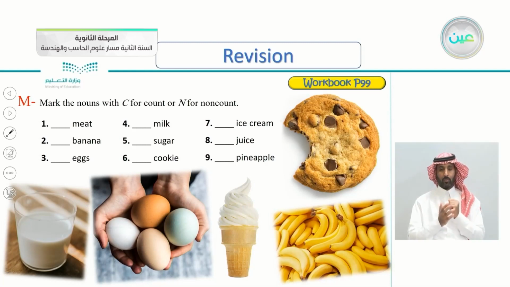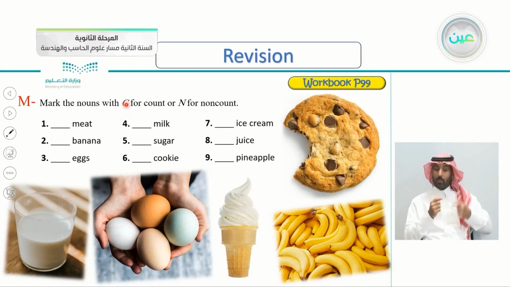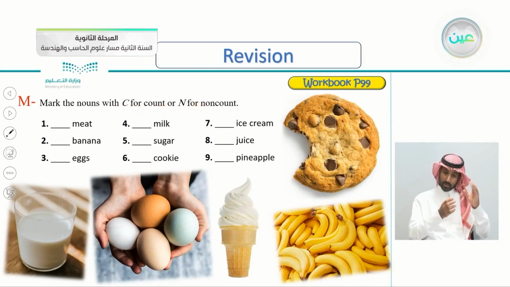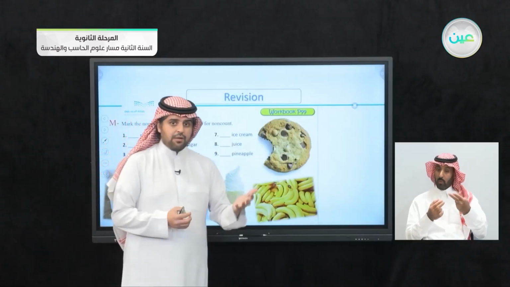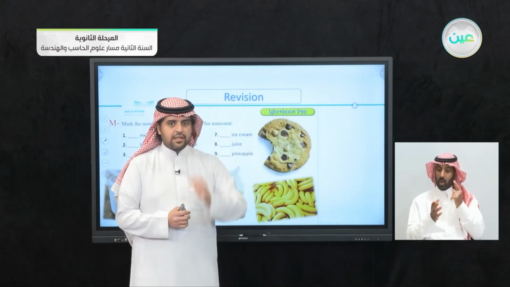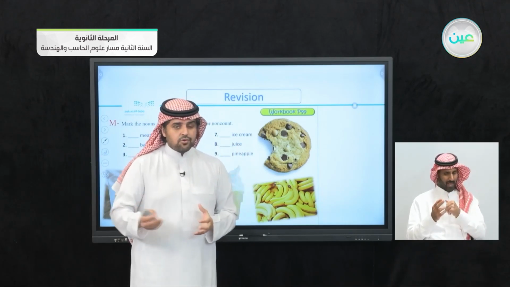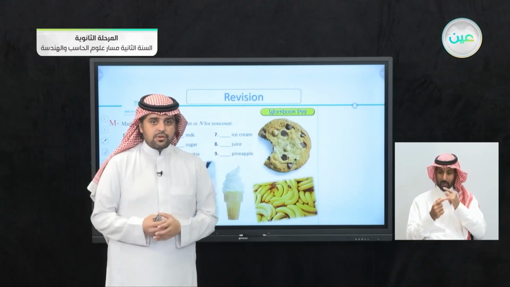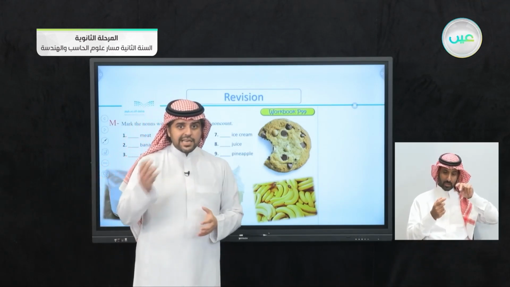So, exercise M here. Mark the nouns with C for count, N for non-count. If it is a countable or count noun, just put the letter C for count. And if it's non-count or uncountable noun, put the letter N for non-count.